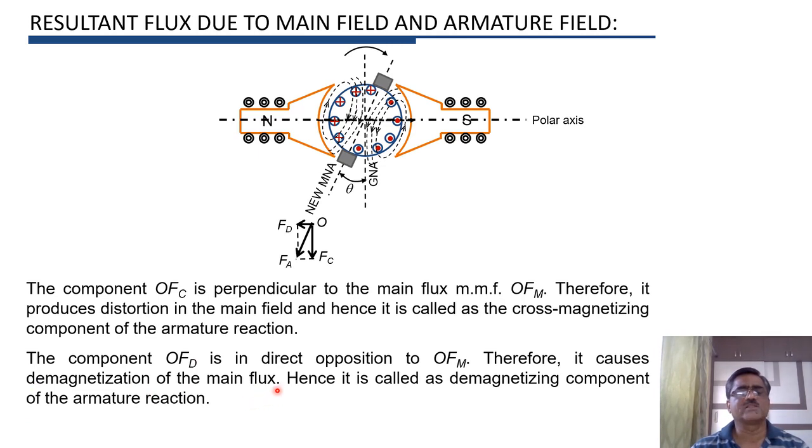So the main flux is reduced because of this component OFD, and therefore this OFD is called the demagnetizing component of the armature reaction. So there are two components of armature reaction, OFD and OFC. OFC is called the cross magnetizing component and OFD is called the demagnetizing component.